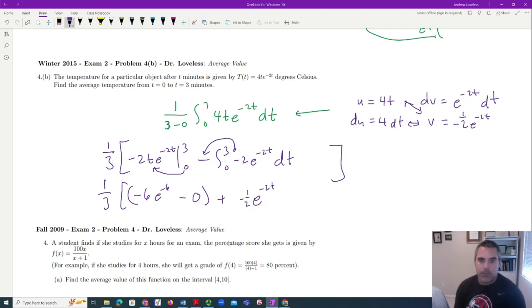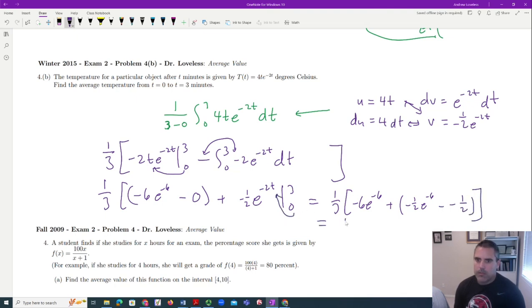It's going to be like this, e to the negative 2t. And then we're evaluating that from 0 to 3. So all together we have 1/3 negative 6 e to the negative 6 plus negative 1/2 e to the negative 6 and then minus negative 1/2. Here e to the 0 is 0.